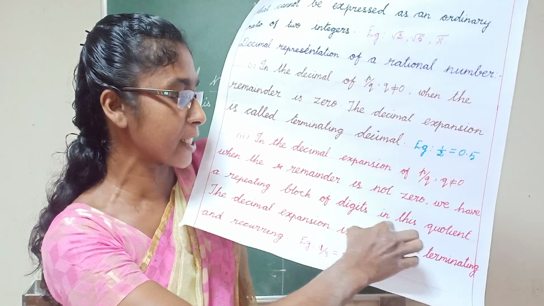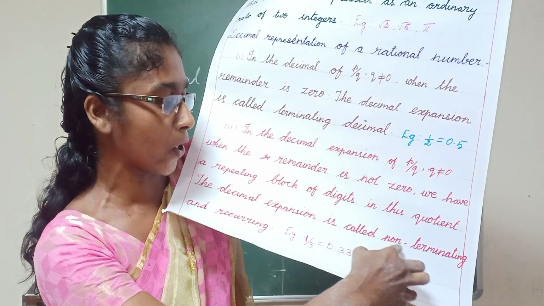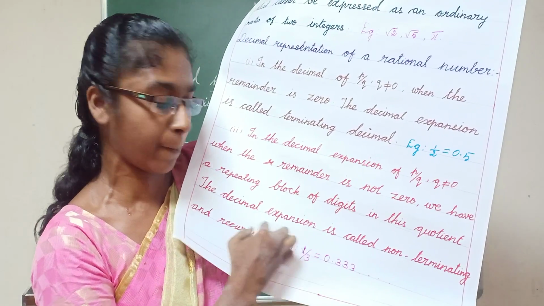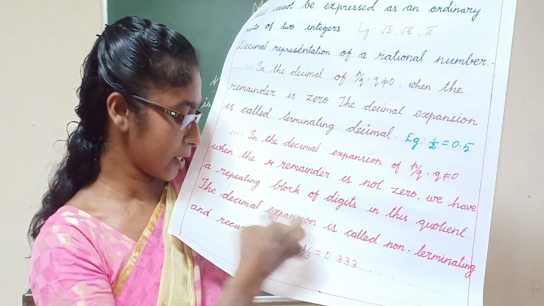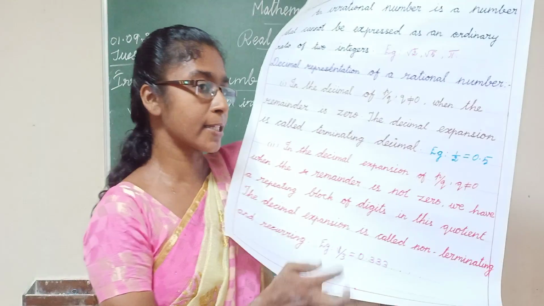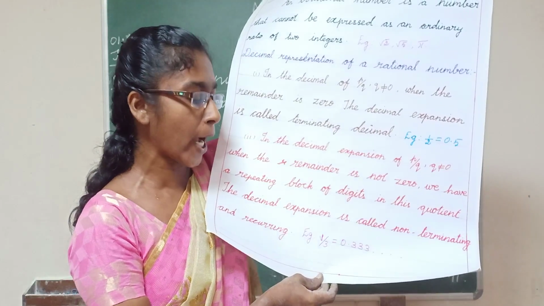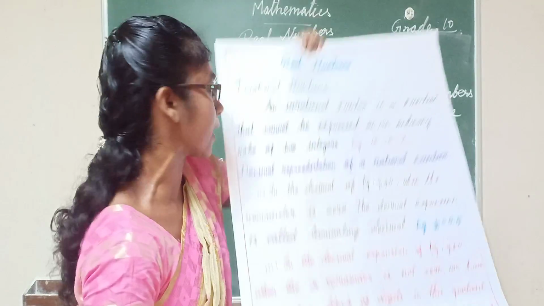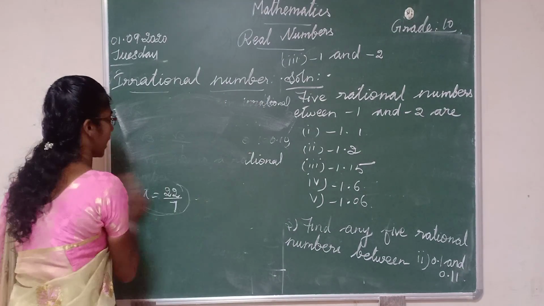The decimal expansion is called non-terminating and recurring. Recurring means repeating. Example, 1 by 3 is equal to 0.333 etc. I am explaining that.